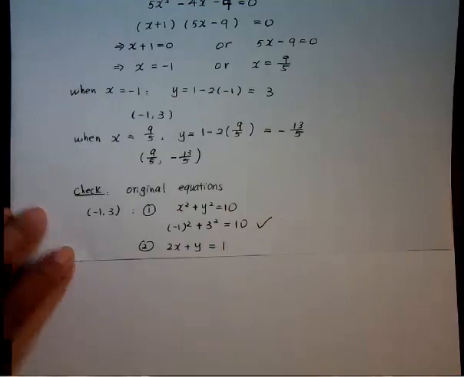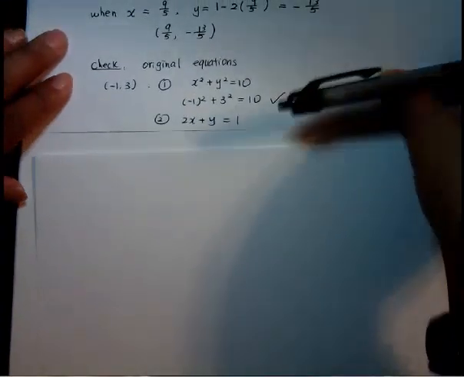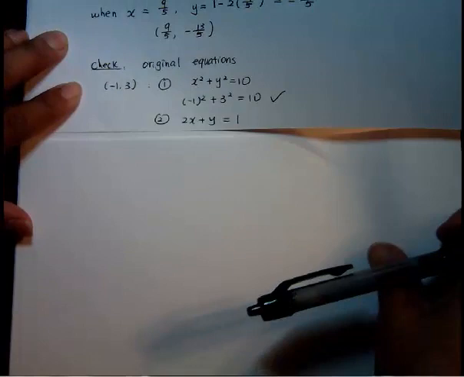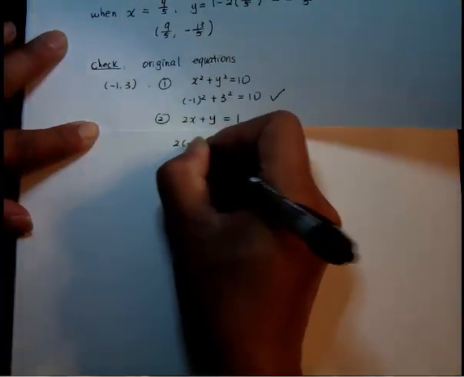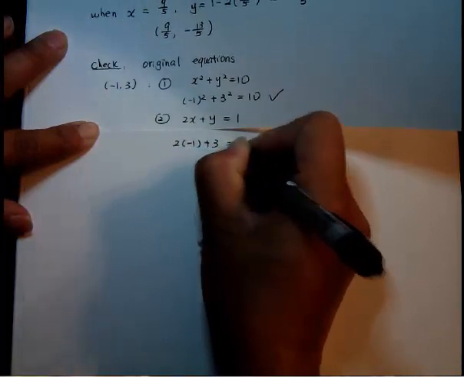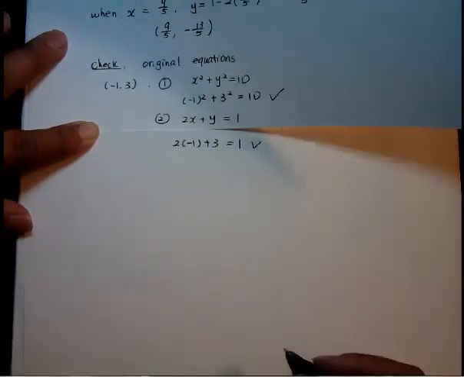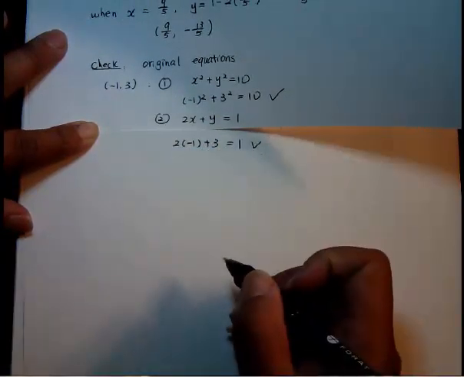So we need to check if my ordered pair satisfies these equations or not. So you have 2 times -1 plus 3. Yes, equal to 1. That's correct. Therefore, (-1, 3) is our solution.